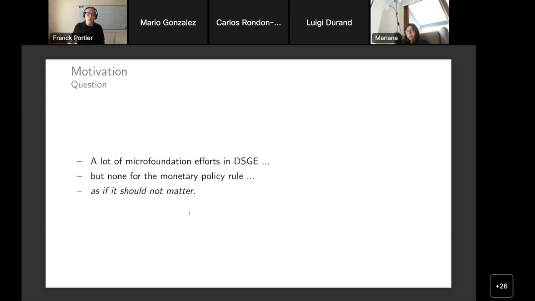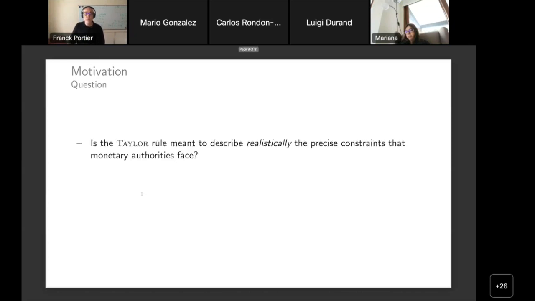So my previous example is showing that, oh well, it matters a lot. So then the question is, is that good practice? And are we doing something wrong, or are we led to misleading conclusions if we don't pay attention to the way we model monetary policy?